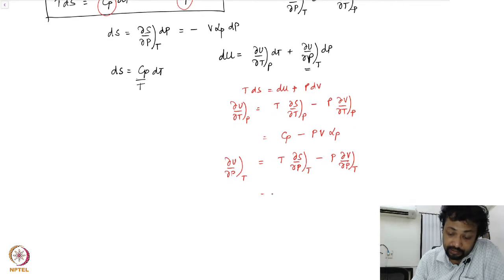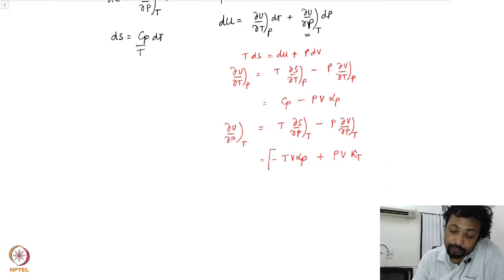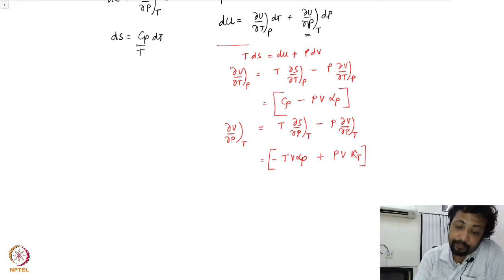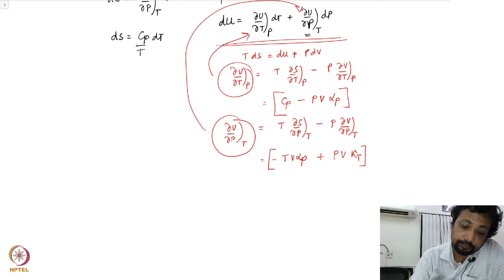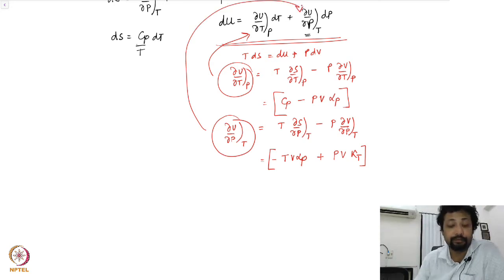This is just going to be minus TV alpha P plus PV kappa T. So once you know both of these, you can clearly substitute them over here to figure out the change in energy, right?